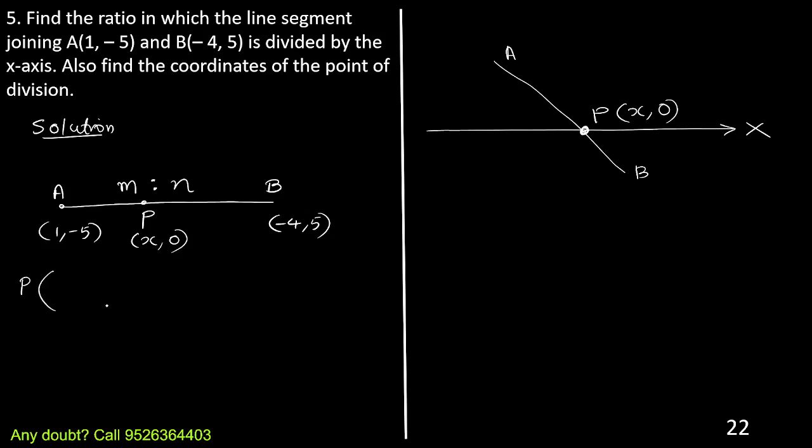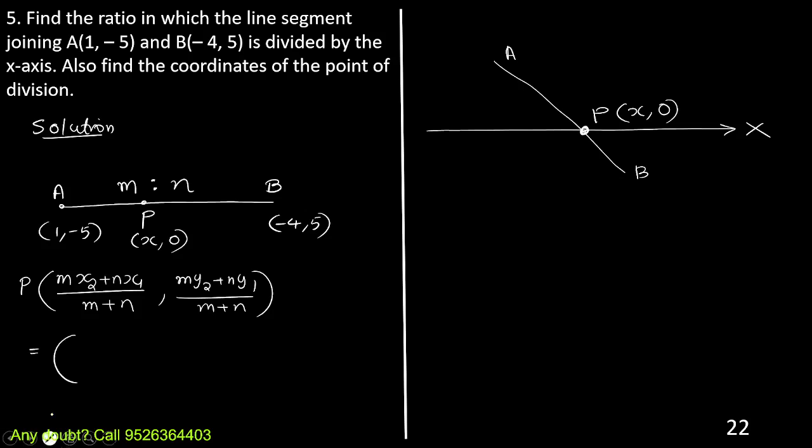P is given by, write the formula, then you just substitute: (mx2 plus nx1) by (m plus n). We have studied the section formula. The coordinate of P is (mx2 plus nx1) by (m plus n), comma, (my2 plus ny1) by (m plus n). Here, the best way I have explained: draw arrows like this.